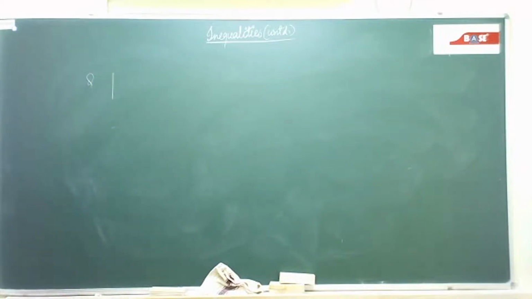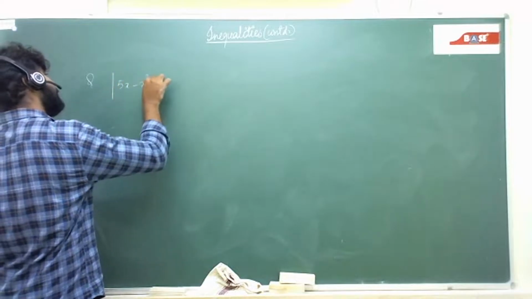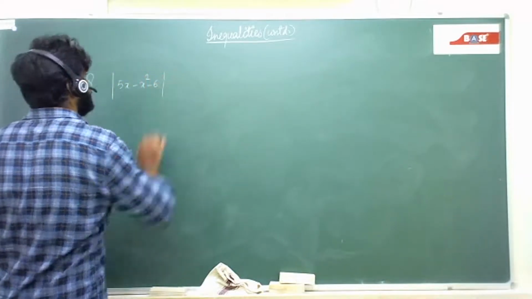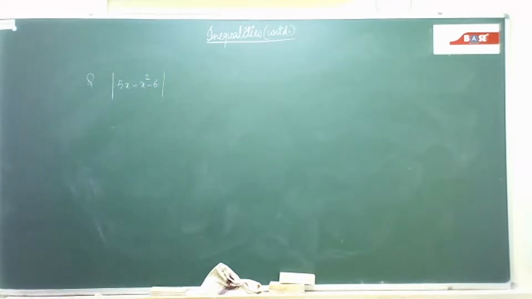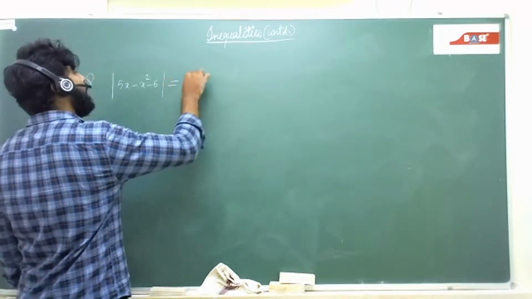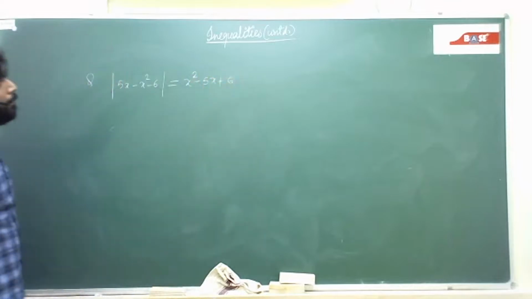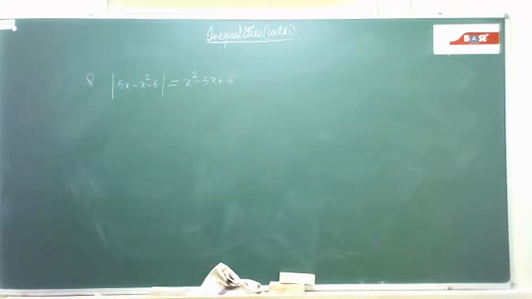Okay. Next question we have |5x − x² − 6| = x² − 5x + 6. We need to find the solution.